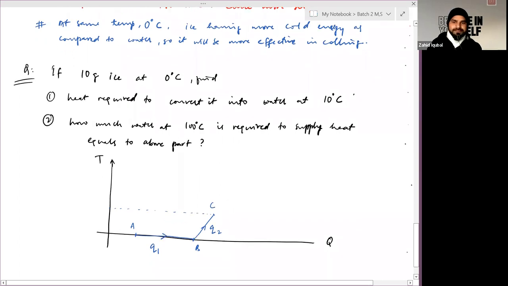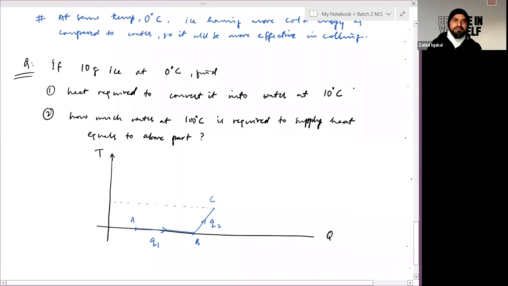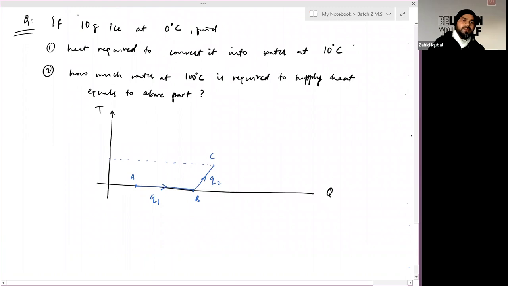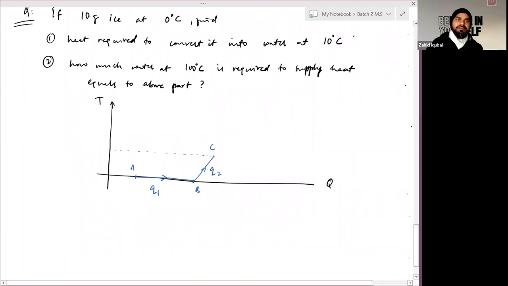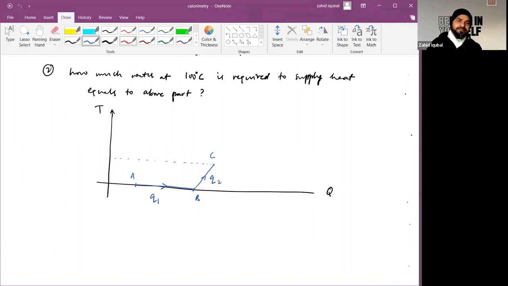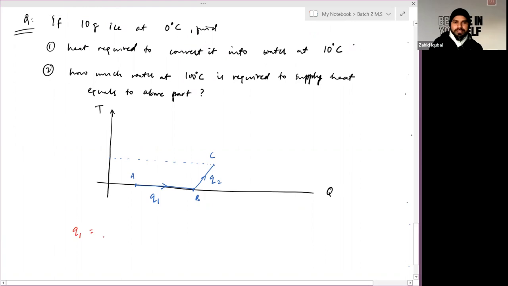Try to solve. Using the above formula, Q1 is latent heat of fusion. So it will be mass of ice times latent heat of fusion constant of ice.